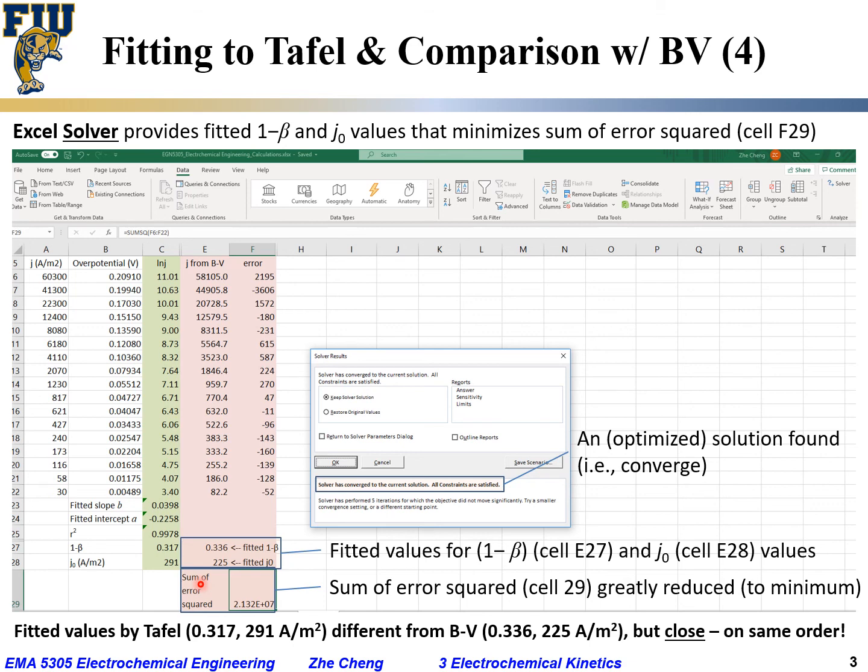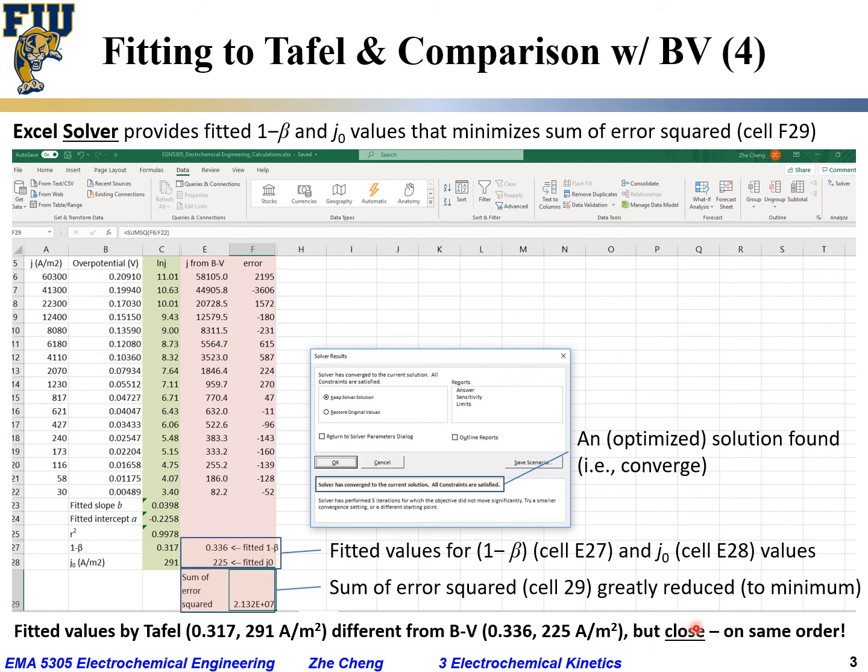If you pay attention, you would see that the values fitted by Tafel, 0.317 and 291, are somewhat different from the values fitted directly from the Butler-Volmer equation, 0.336 and 225. But to us, this is reasonably close.